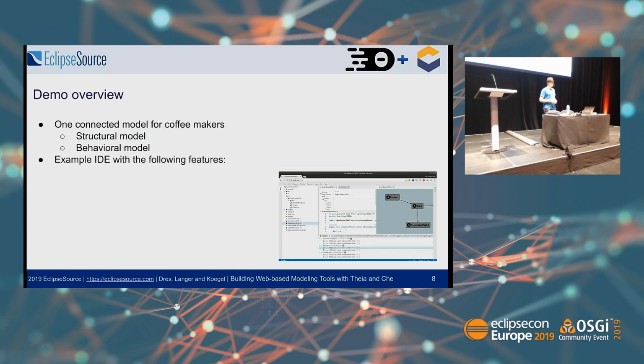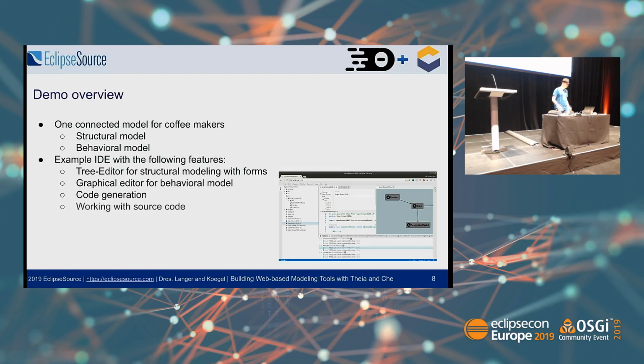And then we have a couple of features in the example IDEs to be able to do that. We will have a tree editor to edit the structure of that coffee maker in a form-based way. We have a graphical editor to add the activities of the coffee machine. We have code generation, so we will generate some code from that model for the activities.